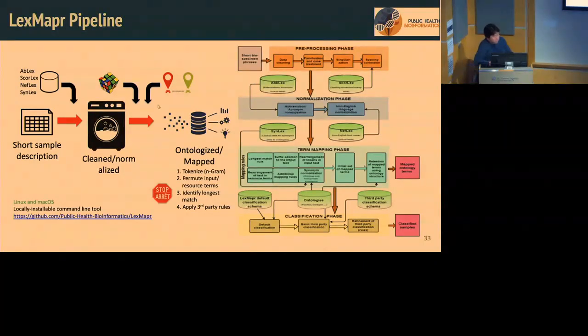Then these cleaned-up terms are mapped to ontological terms and further mapped to any third-party categories if necessary. Of course, it's a fairly complicated pipeline that handles all these tasks.